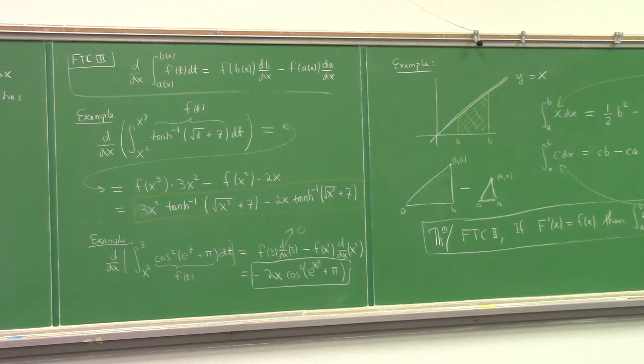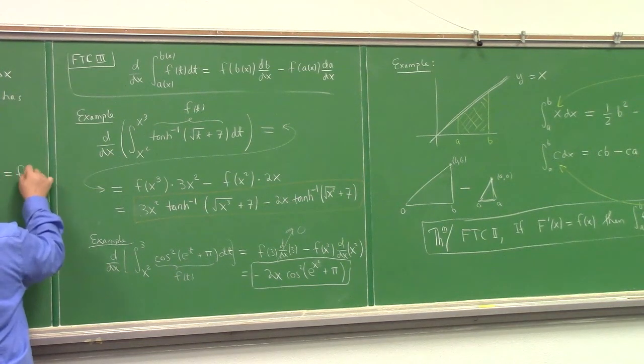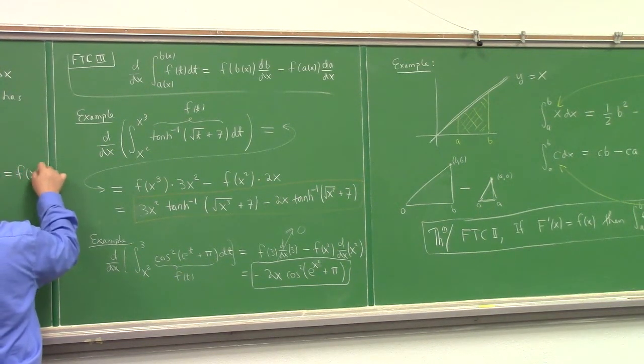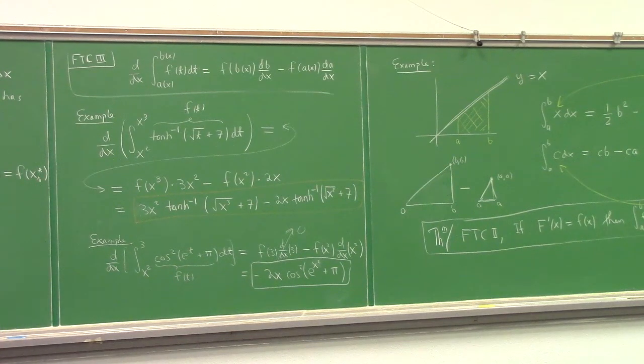Remember, it's the antiderivative of the integrand. I said suppose little f of x has antiderivative big F, right? So that means that this F prime is little f, which means that this is equal to f of x sub j star, right?